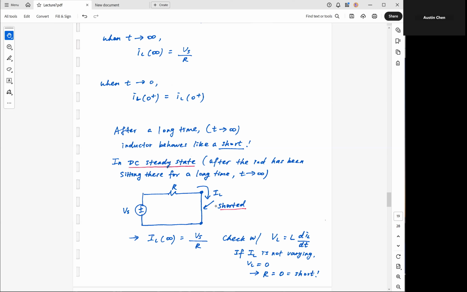For example, assuming I put this inductor back, after this entire circuit has been sitting there for a long time, this inductor L here has been fully energized. Instead of saying fully charged, as in the context of an RC circuit, we say that this inductor has been fully energized.